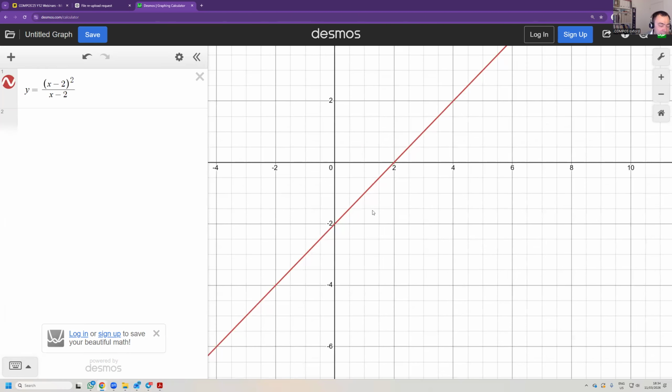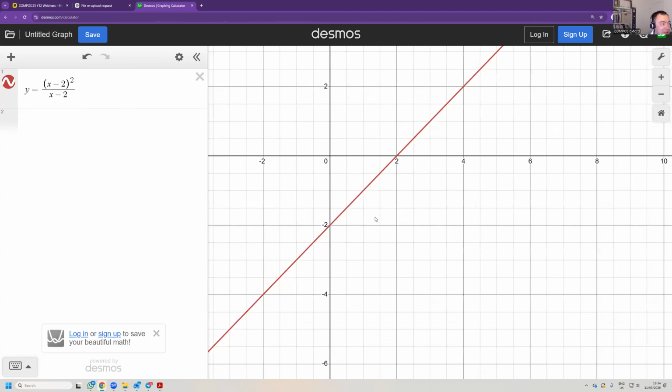Well, it is a straight line, so sorry. It doesn't seem like it's a straight line. But the function doesn't exist at x equals 2, because at x equals 2, you're dividing by 0. And what does Desmos do? It tells you that, if you're lucky, 2 is undefined. All other points exist, like 0 minus 2, but 2 is undefined.